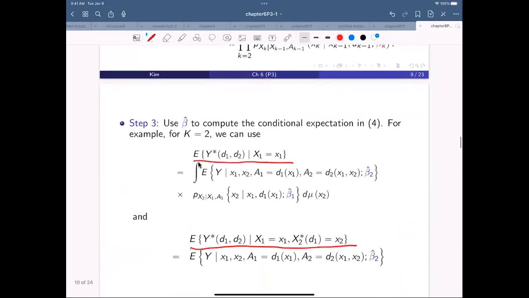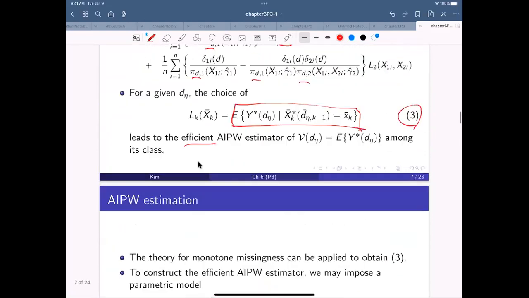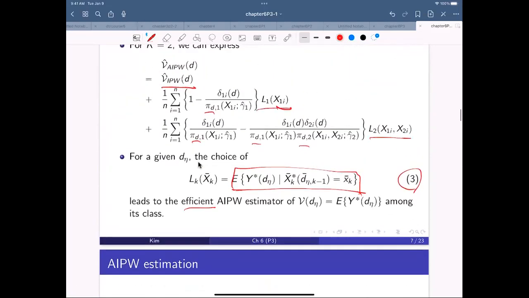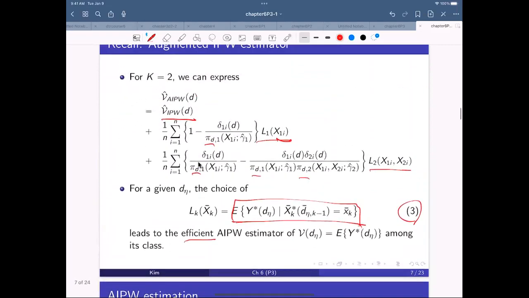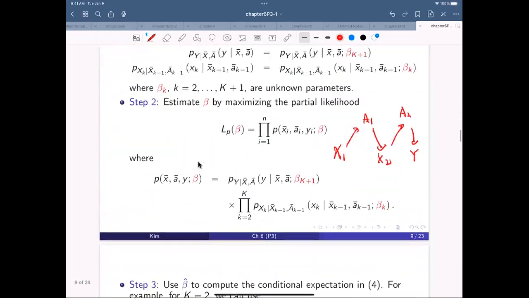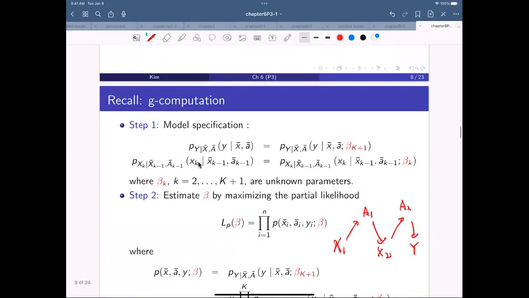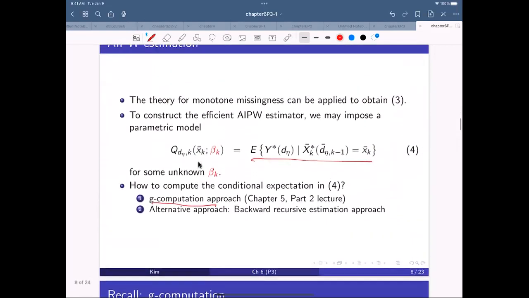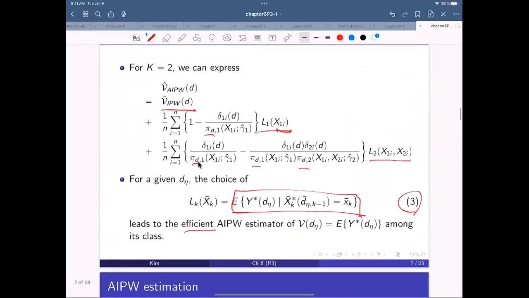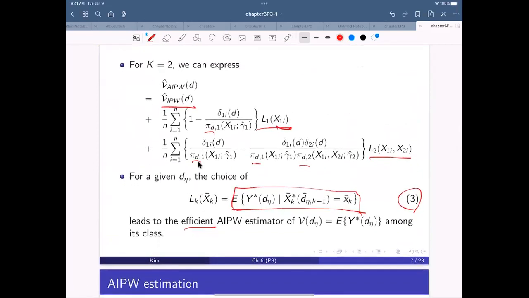Okay, that is the G computation. That's quite involved because you need to compute all this even for K equal 2, but as long as your models are all correctly specified, that should be efficient and achieves the most optimality.